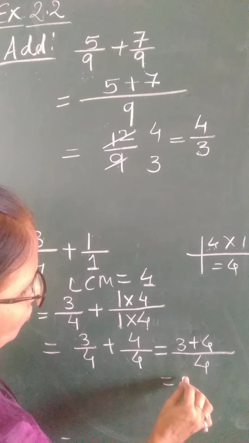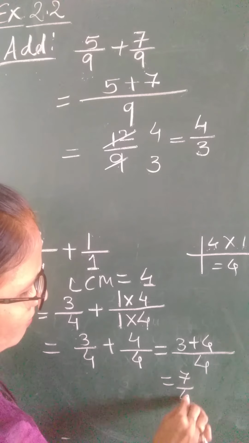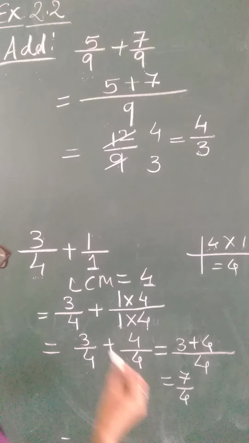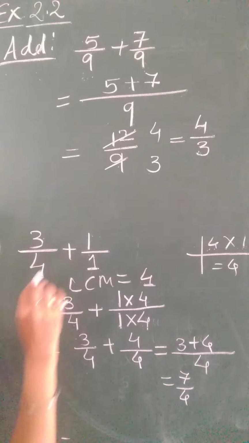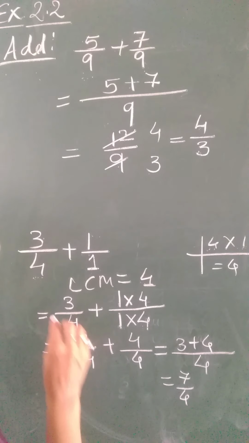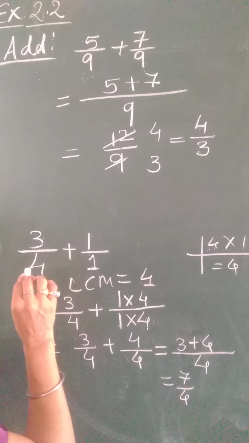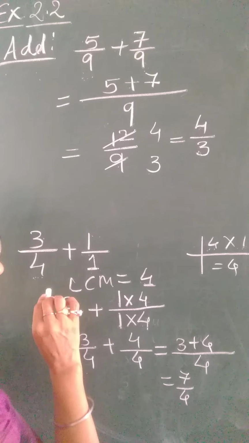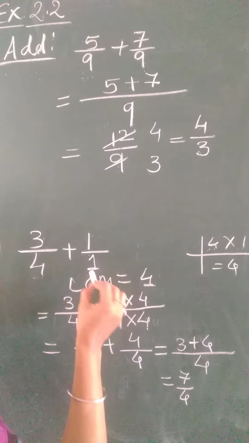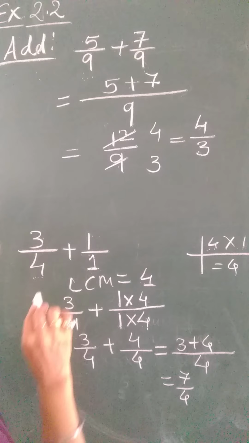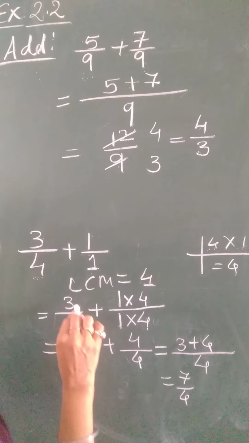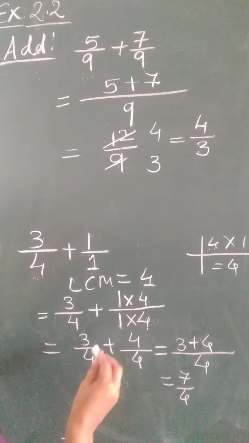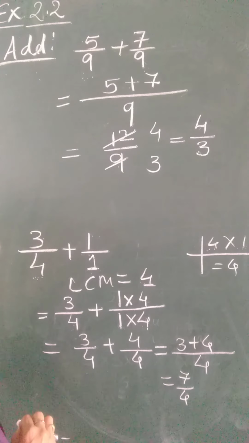Simplify. 3 plus 4, 7 by 4 is the sum of 3 by 4 plus 1. So remember children, if one number is given in fraction and the other is not, to make it a fraction you will take 1 in the denominator, and if the denominator is not the same, you will always find its LCM. So in this way also you can do.